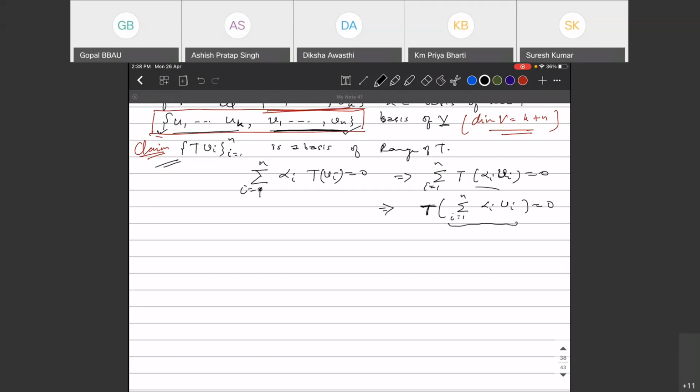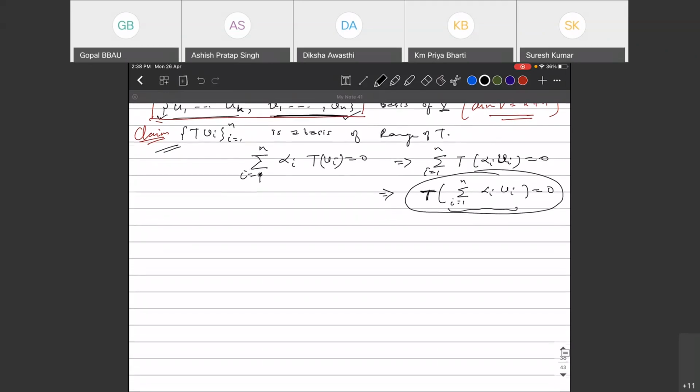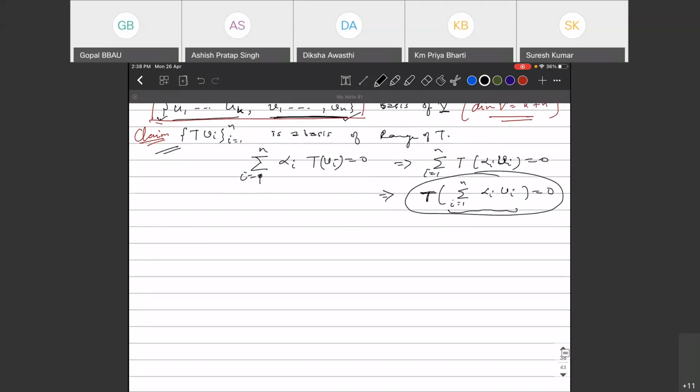What does this mean? Please recall the definition of the kernel of T. So from here, what can you say? The linear combination will belong to the null space. Very good. So the sum of alpha I V I belongs to the kernel of T.